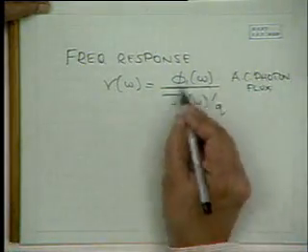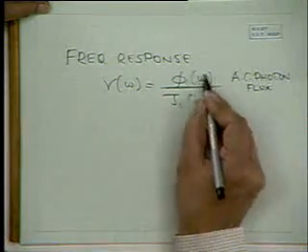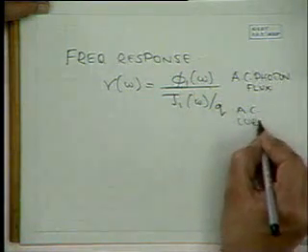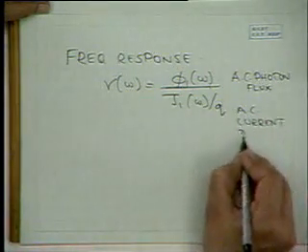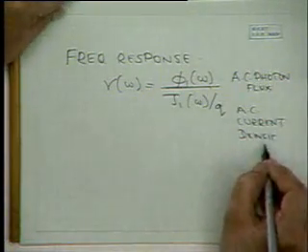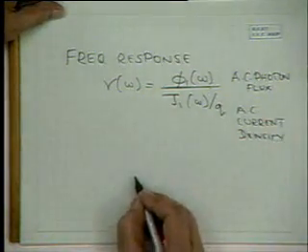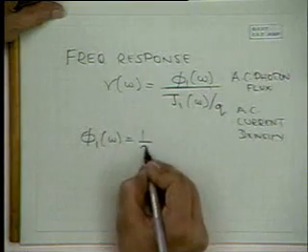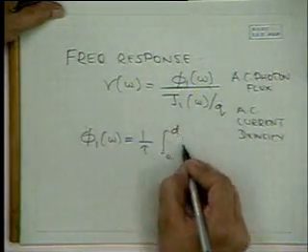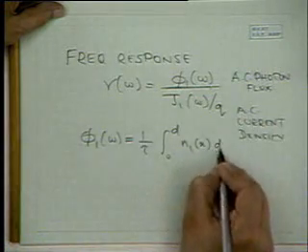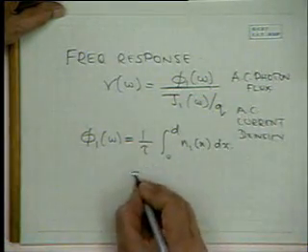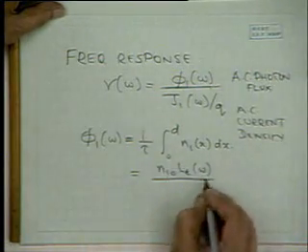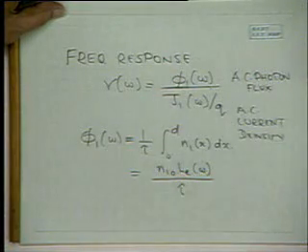So the number of electron hole pairs gives rise to the number of photons. So this is the AC. Phi 1 omega is nothing but 1 by tau, the average, integral 0 to D of n1(x) dx. n1(x) we've calculated, so this is just n1(0) L_E(omega) by tau.